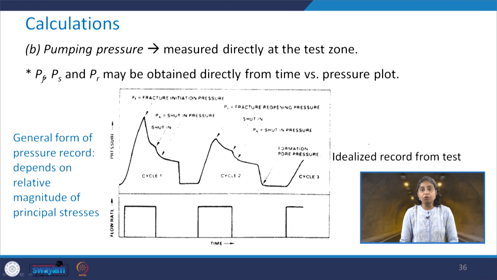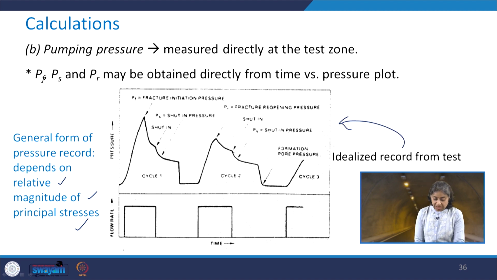This is how a typical pressure record looks, and it depends on the relative magnitude of the principal stresses. This is the idealized record from the test. See here, this is the flow rate against time. You see with time, here is the maximum flow rate, then this is the shutdown period, then another cycle, further shutdown, and then the third cycle is starting.